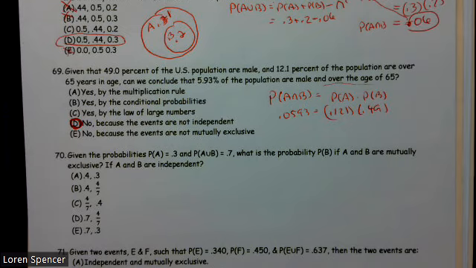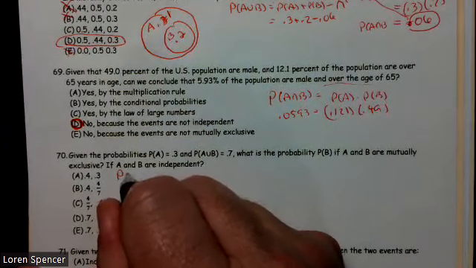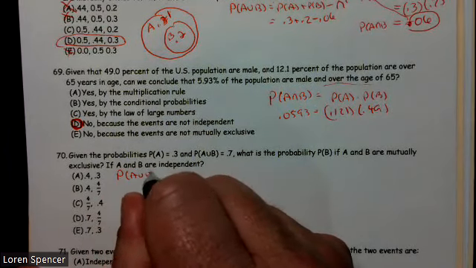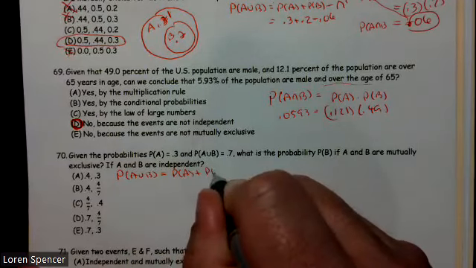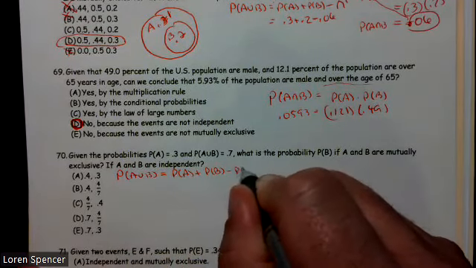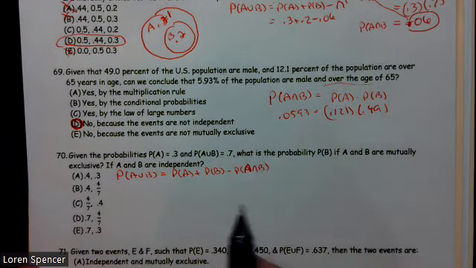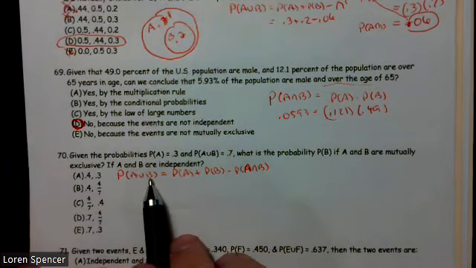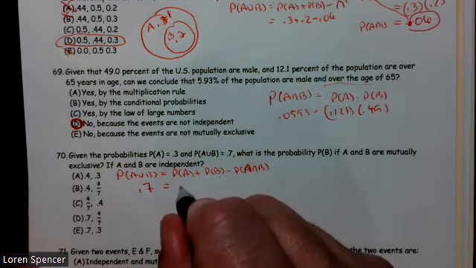Given the probability of A equals 0.3, A union B is 0.7, what's the probability of B if A and B are mutually exclusive? All right, so let's go back to our general addition rule. Probability of A union B equals the probability of A plus the probability of B minus the probability of A and B. Now, if they're mutually exclusive, and this is 0.7, this is 0.3.